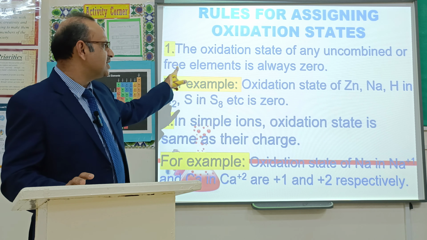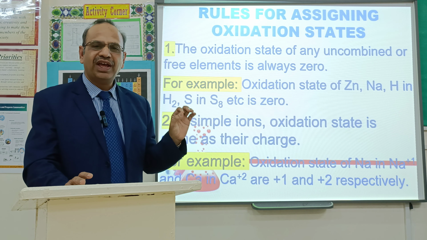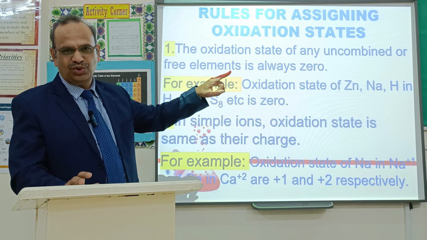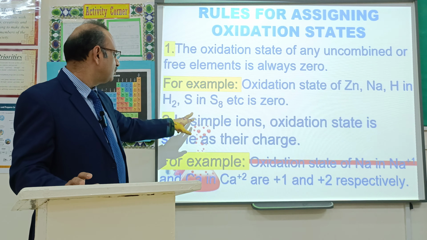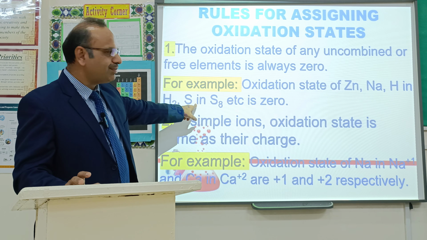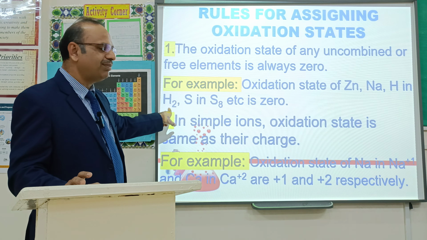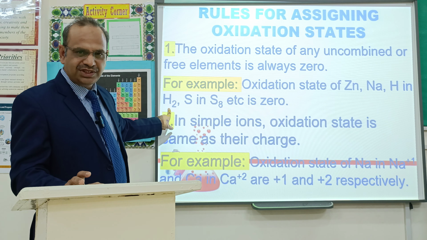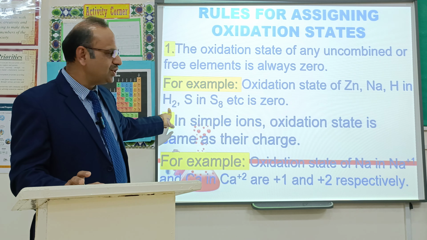Rule number one is the oxidation state of any uncombined or free element is zero. Here I give examples for this rule. For example, H2 is considered uncombined and in the free state, and its oxidation state will be zero.